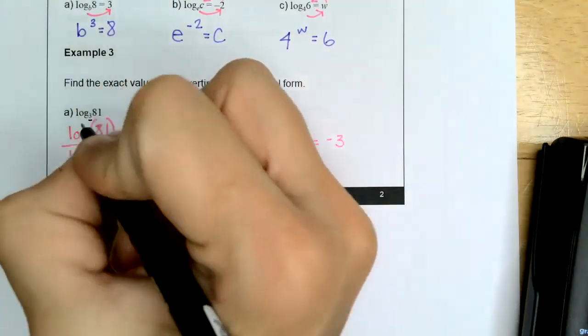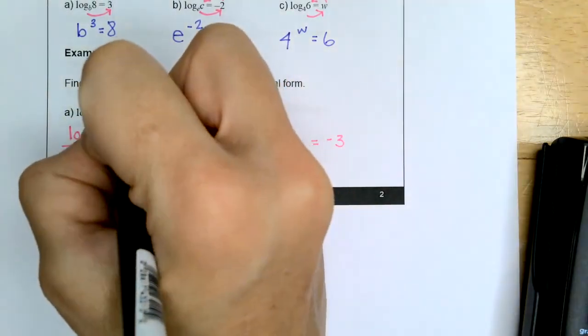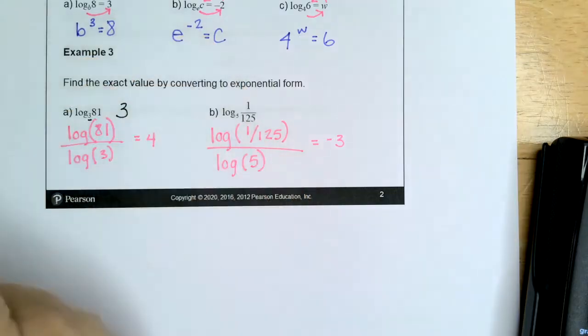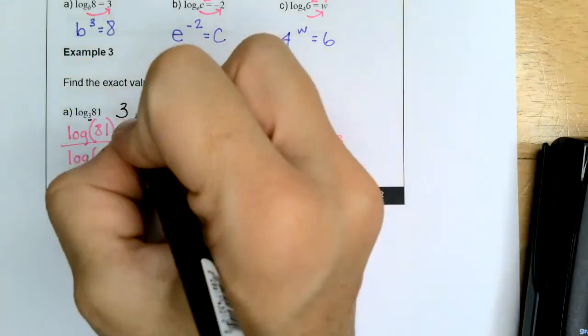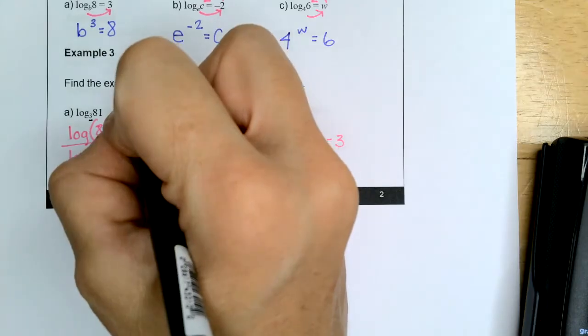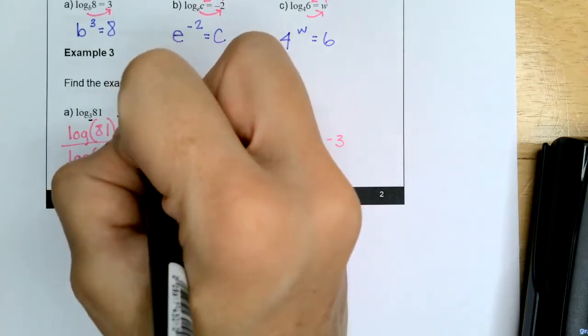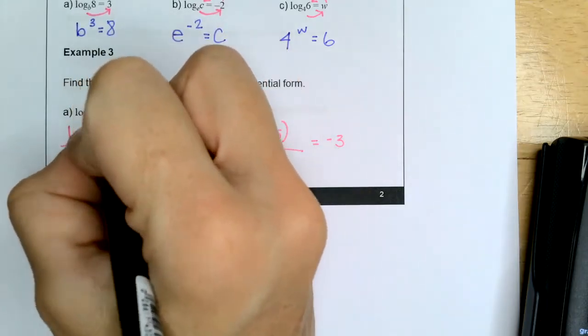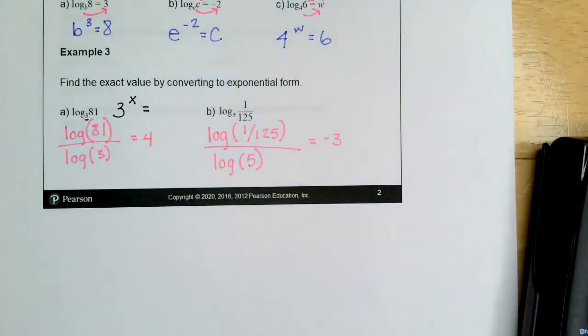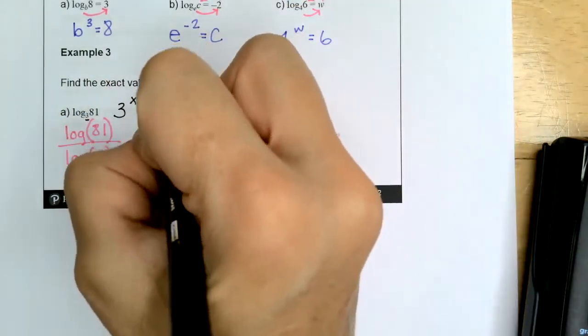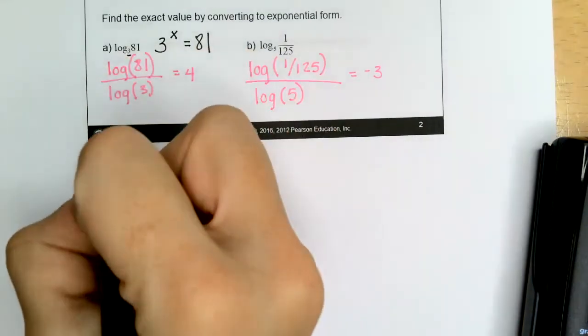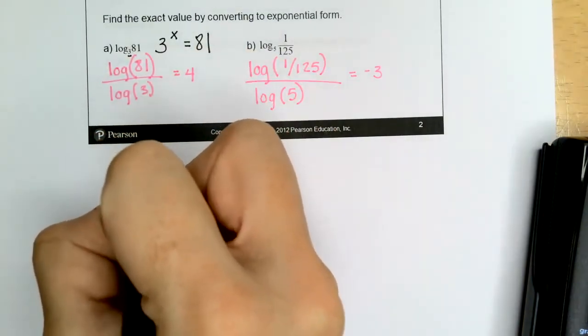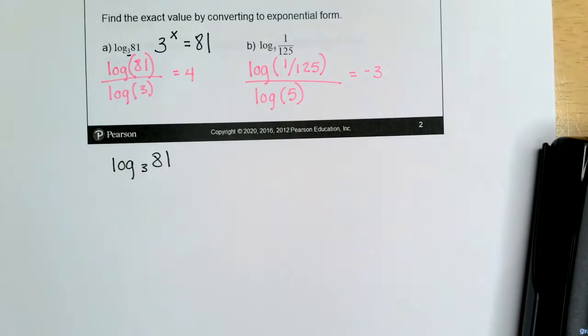So remember, we start with the base, log base 3, and then we say x equals, right? Because we're going in a circle. Log base 3 of x equals 81. Let me rewrite that. Log base 3 of 81, right?